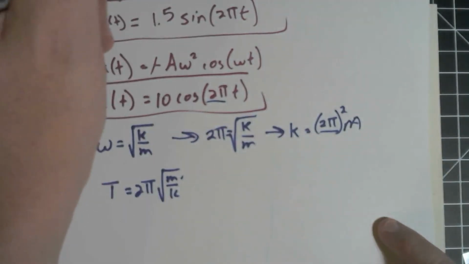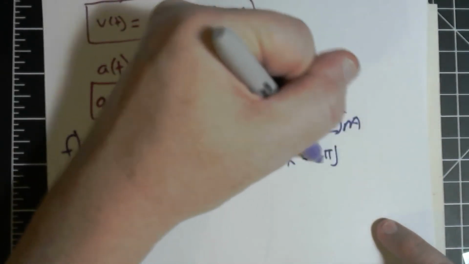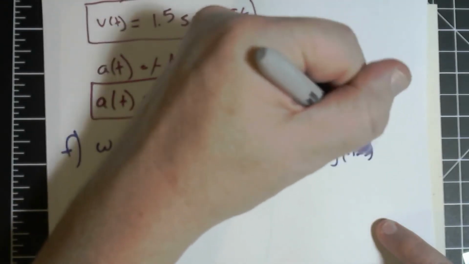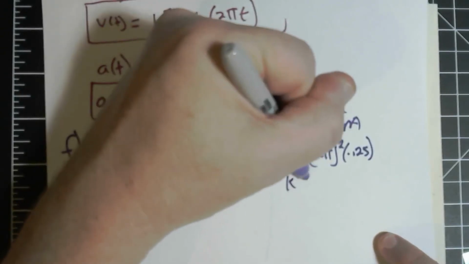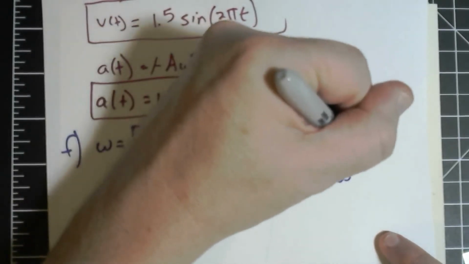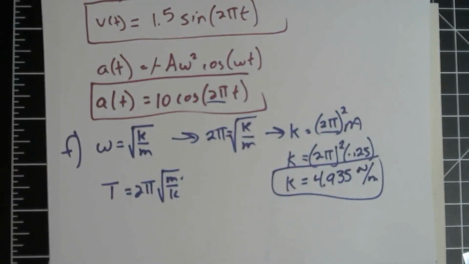Sorry guys, I can't do algebra. So 2 pi squared times the mass, which is 0.125. You end up getting a spring constant of about 4.935 newtons per meter. All right, and that concludes part F of that free response question.